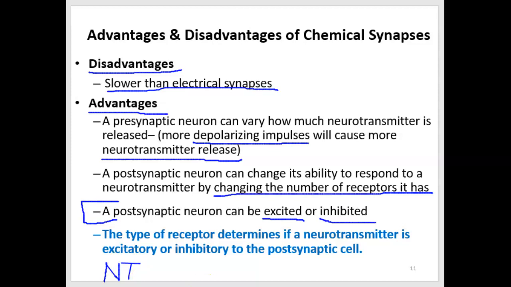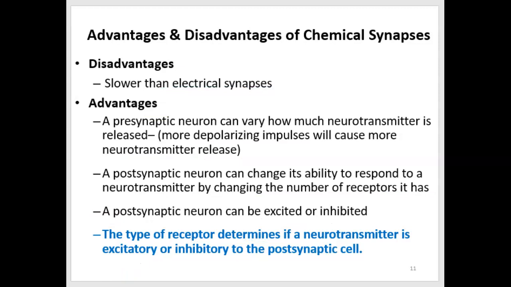But even a single neurotransmitter, like acetylcholine, can have different effects on different target cells because postsynaptic target cells can have different receptors. So the type of receptor that a postsynaptic cell has is what's going to determine whether a neurotransmitter is truly excitatory or inhibitory to it. So we're going to look at some examples of those so that it makes more sense to you. Right now it's just theory, right?